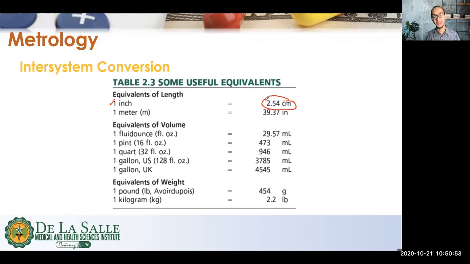We know that the centimeter is much smaller than the inch, so you need more centimeters to get to an inch. So 2.54 centimeters are actually equivalent to an inch.